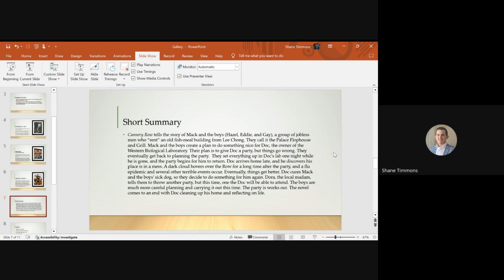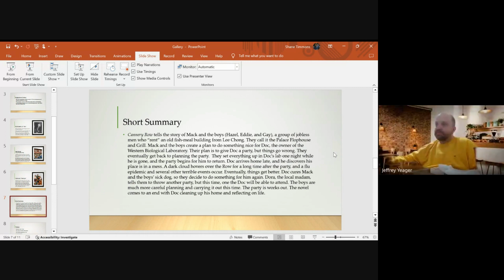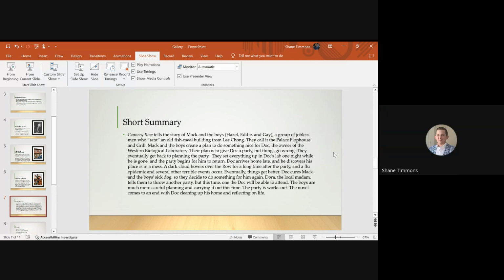It was an old fish mill building whose original owner was depressed. He committed suicide after giving the building to Lee Chong for his debts. So they end up fixing up the place, and they call it the Palace Flop House and Grill.